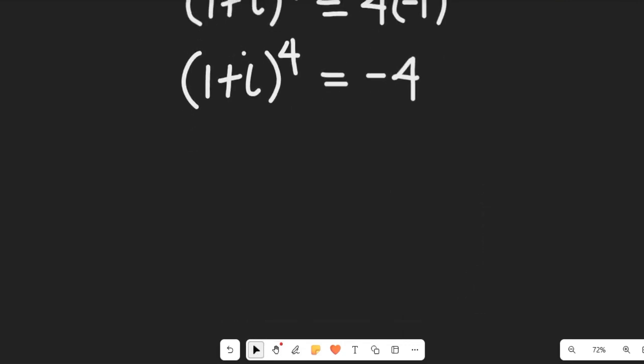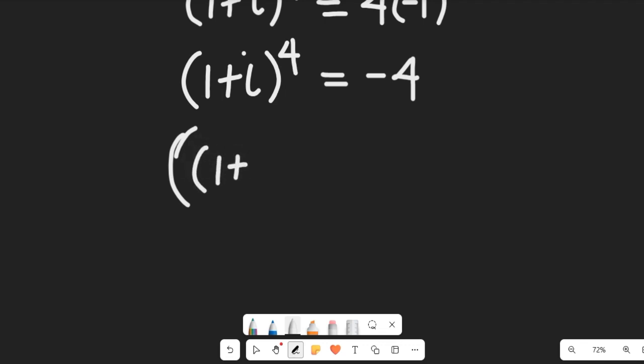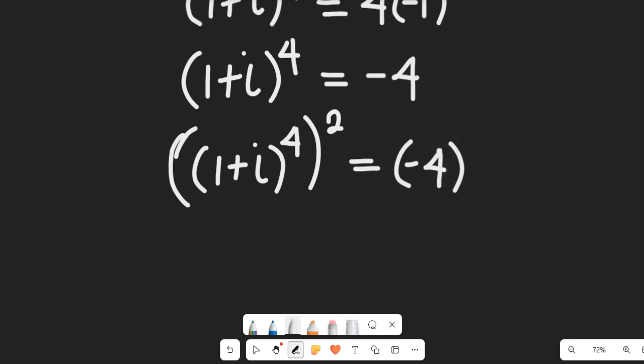From here, I'm still going to take the square of both sides. If I take the square of both sides, I'm going to have ((1 + i)^4)^2 equal to (-4)^2. Absolutely, on the right-hand side, the negative squared, with an even power, gives a positive 16.